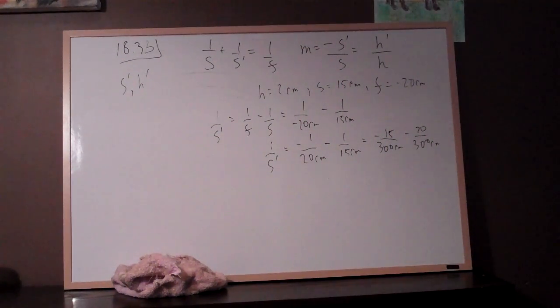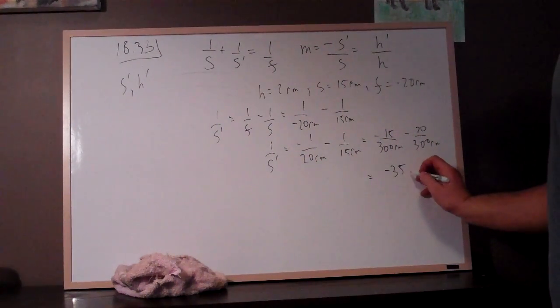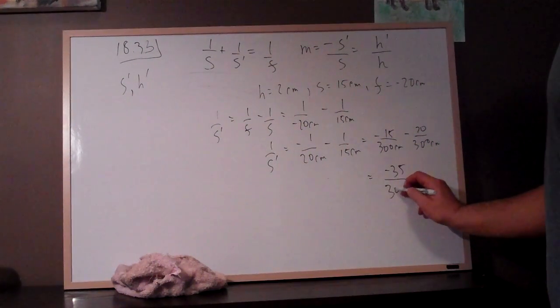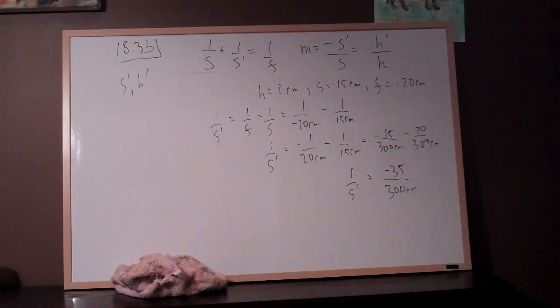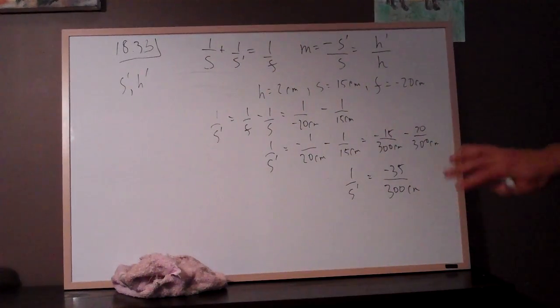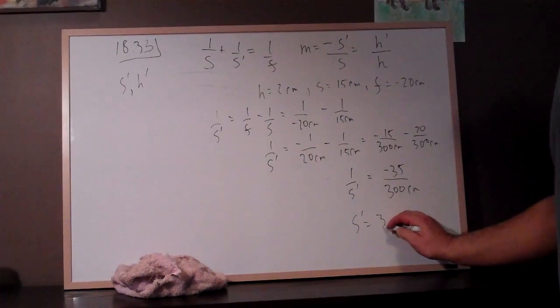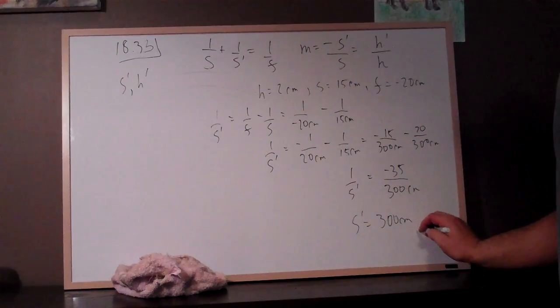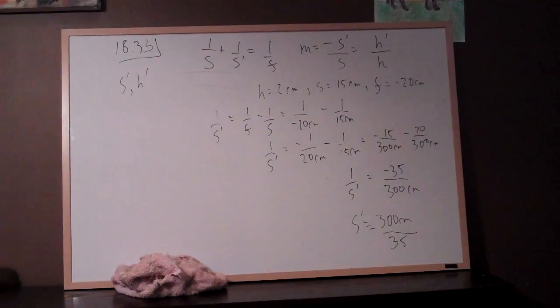So 15 and 20 turns out to be minus 35 over 300 centimeters. That's 1 over S prime. That's centimeters. So take this and invert it. S prime is 300 centimeters divided by 35. And don't forget the minus sign. So whatever that turned out to be, you'd put it in your calculator. And that's what S prime is.